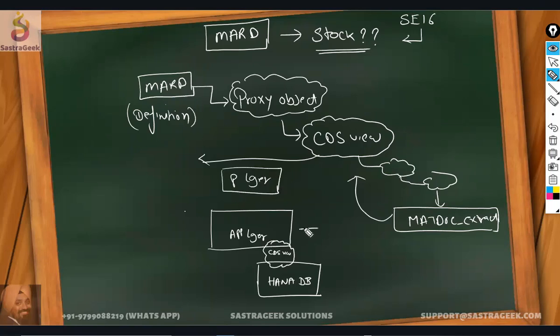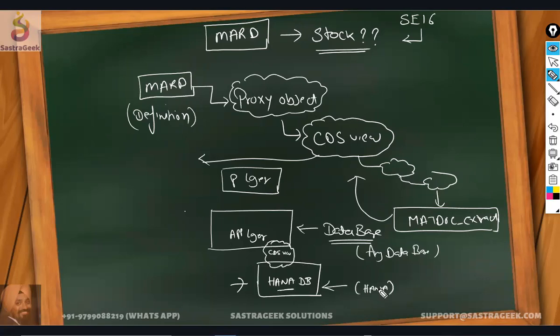Now this application layer is also a database. In S/4HANA, this application layer database can be any database. Not any database, but they have mentioned the database, but it can be other than HANA database also. It's not mandatory that your application layer should also be on HANA database, although where the data has been stored, this is mandatory to be HANA.